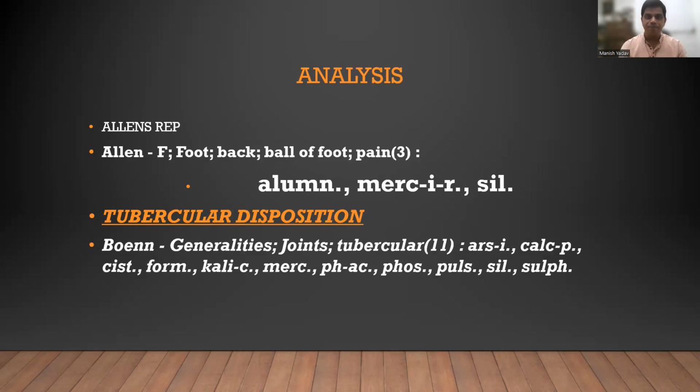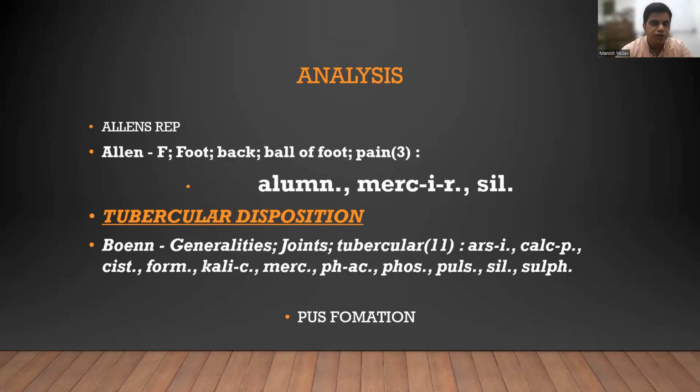The spine gave up. The spine got affected. In a tubercular patient, it is tubercular joints. So I took a rubric, Bonninghausen generalities, tubercular joints. And now in the ball of the foot also, the joints are affected, so joints affected with a tubercular background. So you can take tubercular joints as a rubric. But yes, if there are rubrics like tubercular, you can take that. And then pus formation.